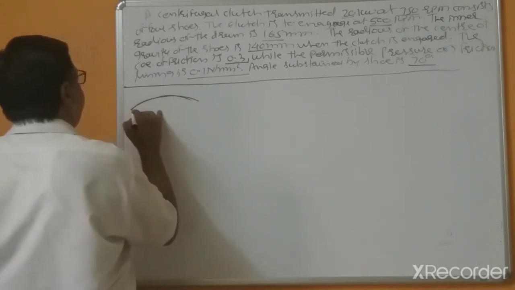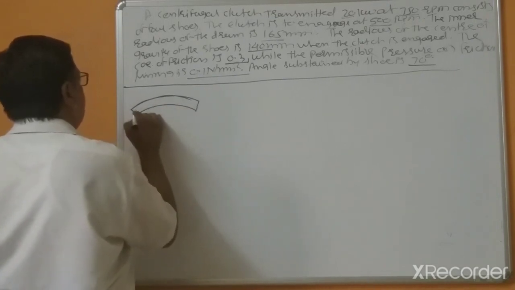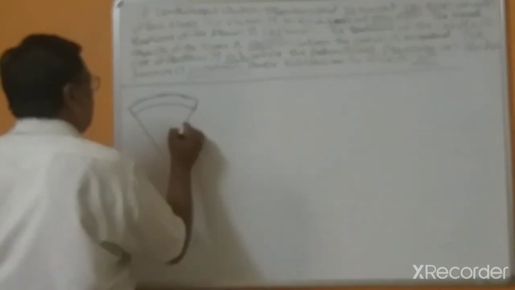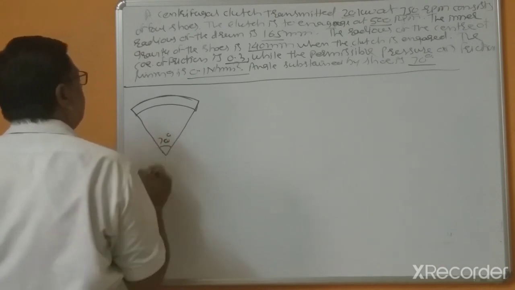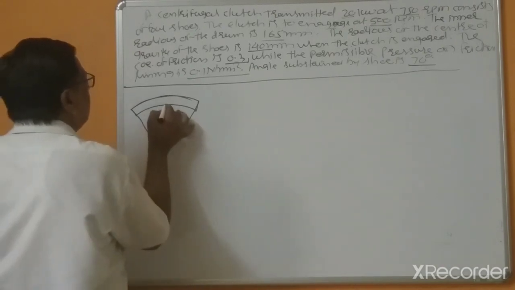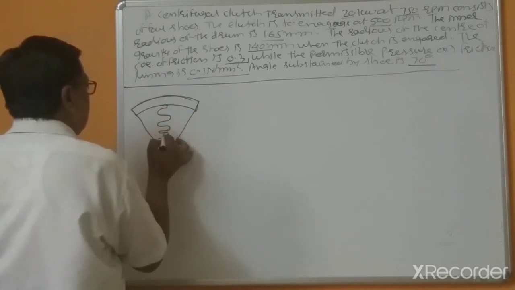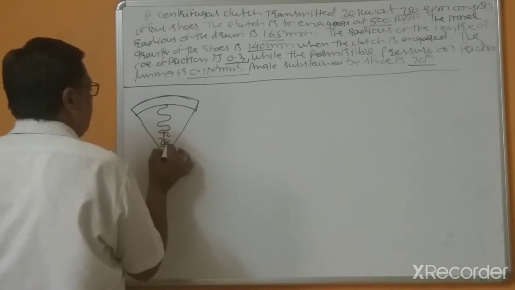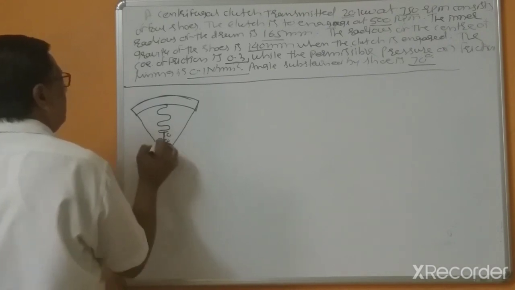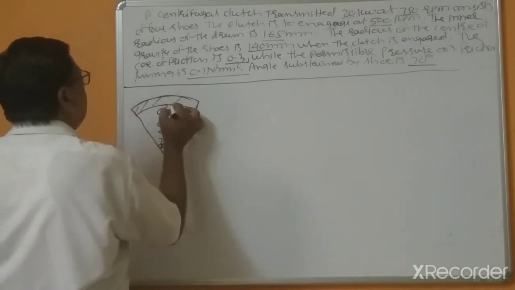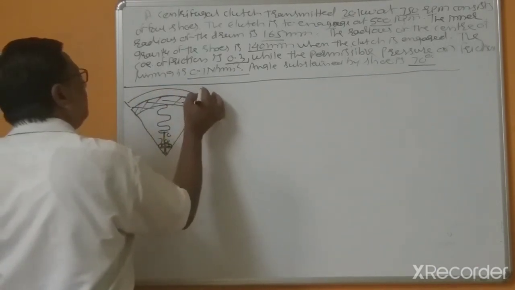Suppose this is the lining material. This angle is subtended, given as 70 degrees. This is the spring, which is rigidly attached here, and this is the length.